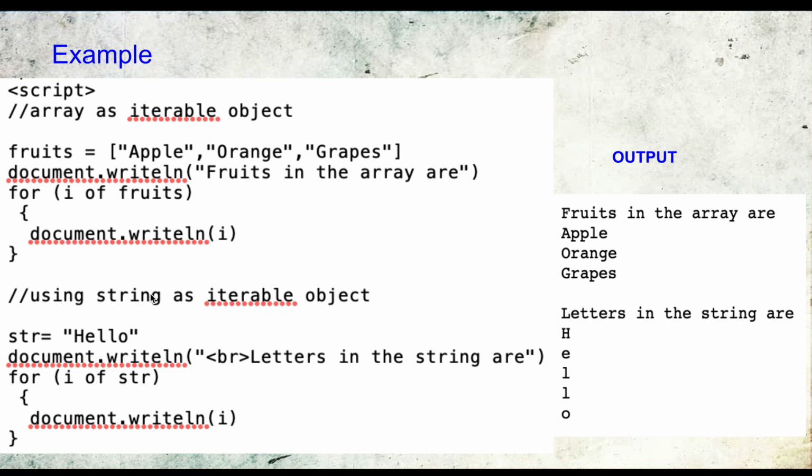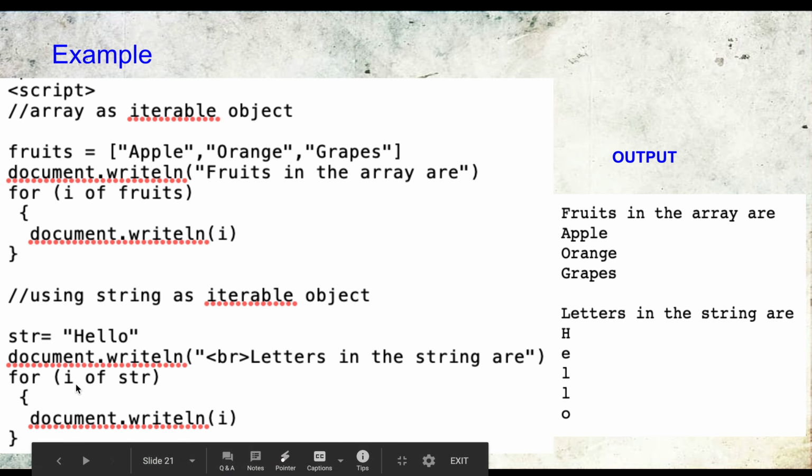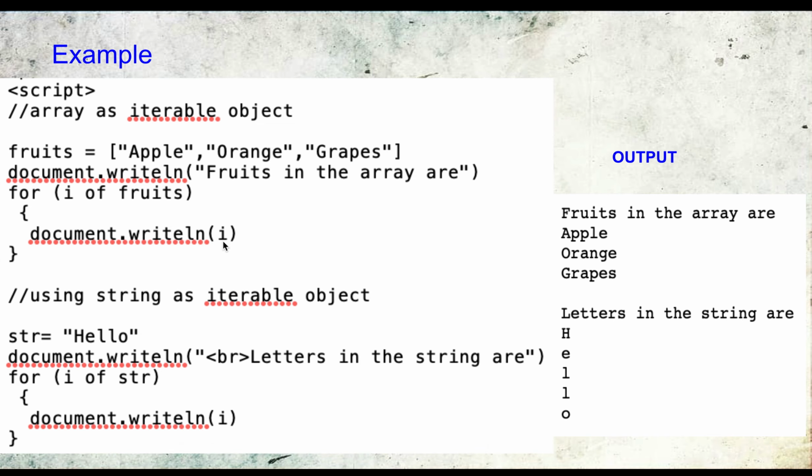And the same is done using a string also. str is equal to hello, and we iterate through the elements using the variable i. As you can see in the output how it is displayed. You need not specify here str of i or here fruits of i. You can directly use the variable name which contains the elements.